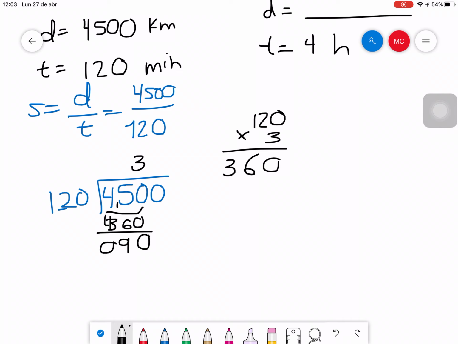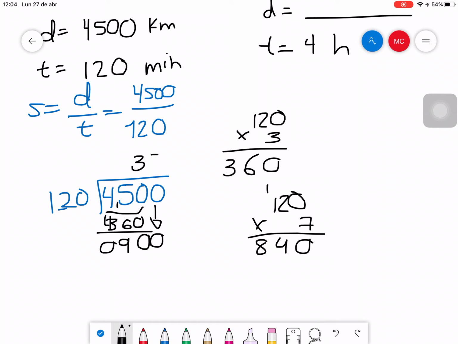Remember that if you get confused with my division, my way of dividing, you can do it your own way, okay? And I put down the other 0, and I say, how many times does 120 fit in 900? Let's try it with 7. 7 times 0 is 0, 7 times 2 is 14, 7 times 1 is 7, plus 1 is 8.